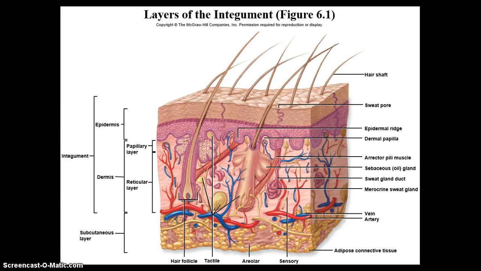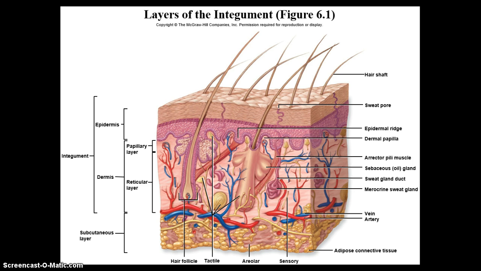The papillary layer has dermal papillae, and it is very vascularized and has an epidermal ridge which increases the surface area. The second layer of the dermis is the reticular layer, which is made of dense, irregular connective tissue. The reticular layer helps resist stress, and this is where you will find hair and glands.